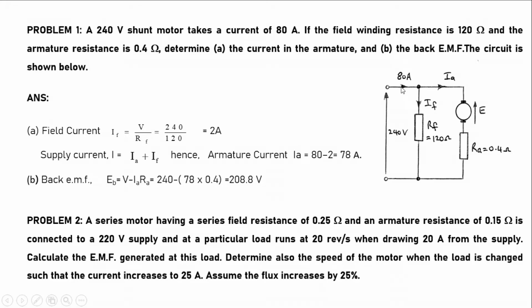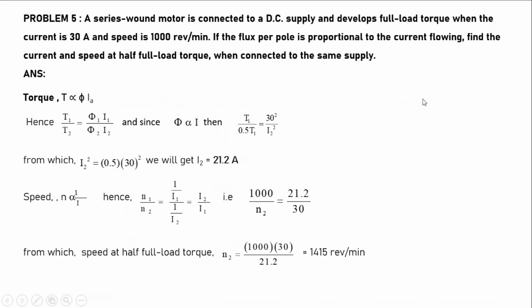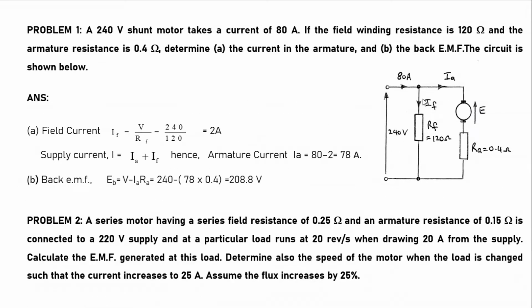So how can we proceed? We know that IL is equal to IA plus IF. In the previous also we have seen that IL is equal to IA plus IF for a motor. So for that reason we need to find out IA and IF. How to find out IF?